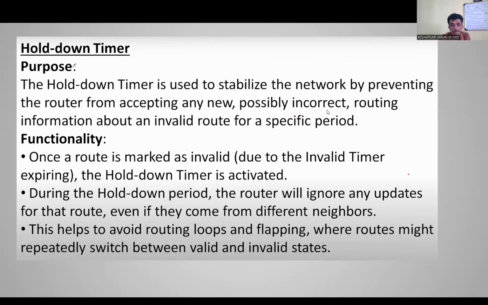So what is the purpose of hold down timers? To stabilize the network and prevent the router from accepting new, possibly incorrect, redundant routing information about an invalid route that could cause a loop. So this is the purpose of the hold down timer. Let's see the whole mechanism through the diagram.